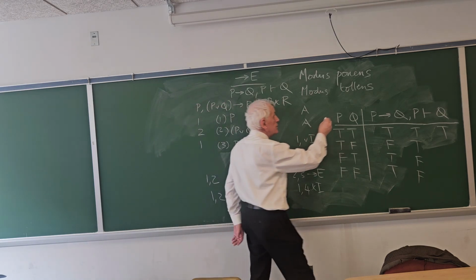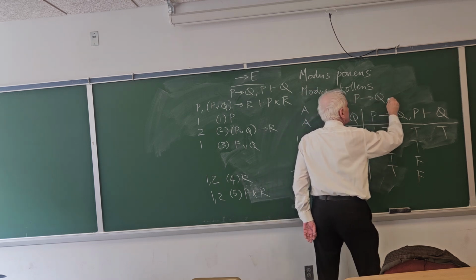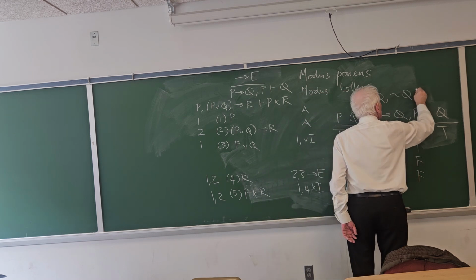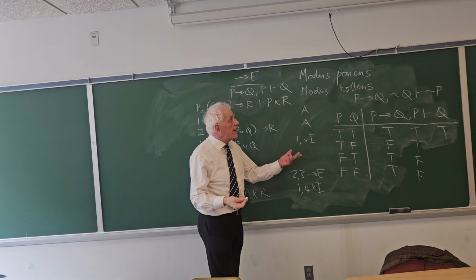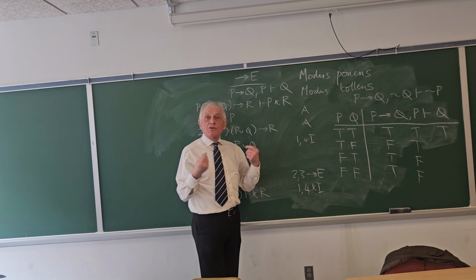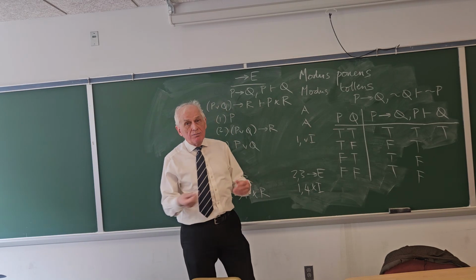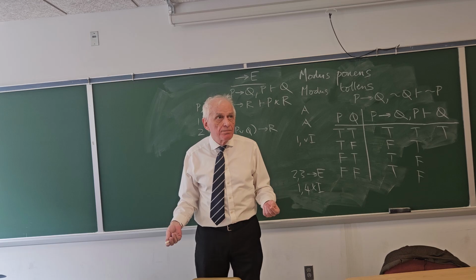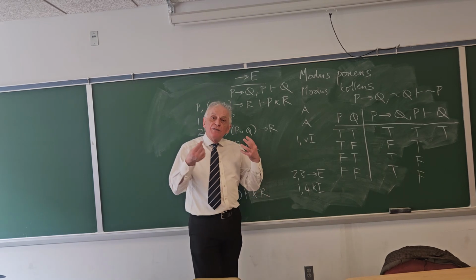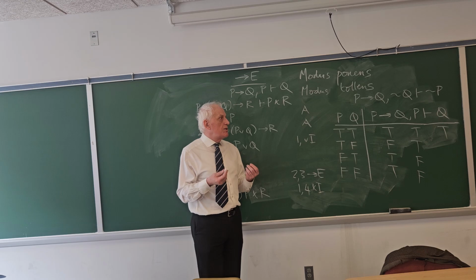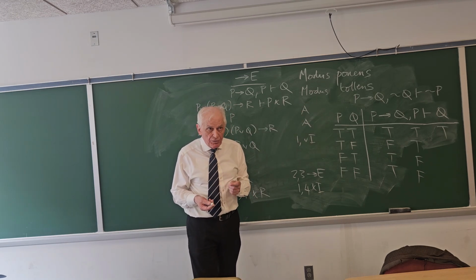Here's what it looks like. When you have a conditional and you have the denial of the consequent, you can prove the denial of the antecedent. If P then Q, but not Q, so not P. If Chi is in Paris, then Chi is in France, but Chi is not in France, so Chi is not in Paris.